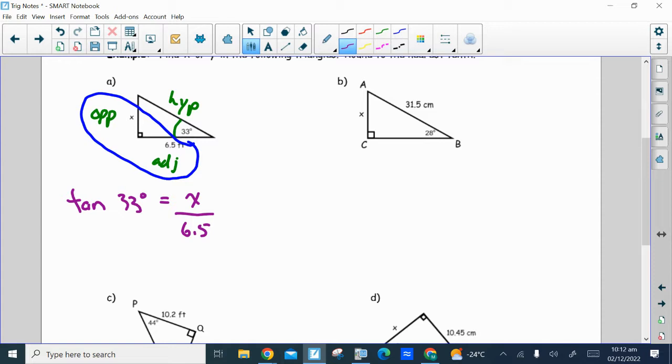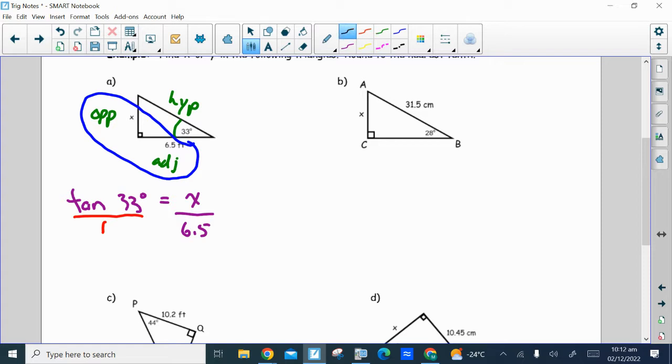And the tangent ratio is the length of the opposite divided by the length of the adjacent. So the tangent of the angle, which is 33 degrees, is the opposite x divided by the adjacent 6.5. So the right side is a fraction. We're going to make the left side a fraction as well by putting it over 1. When I say left and right side, I'm talking on either side of the equal sign.